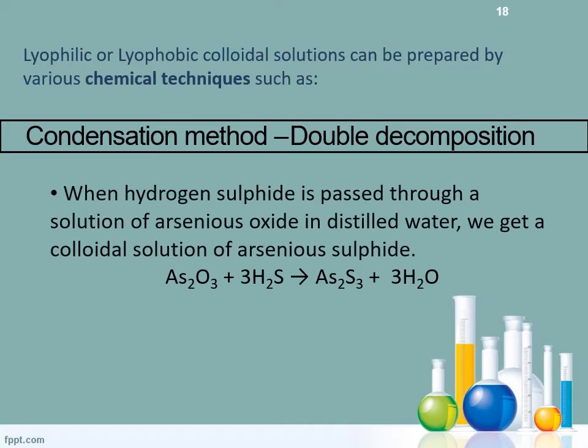Using chemical techniques, we can prepare lyophilic or lyophobic sols. The chemical technique we have here is a condensation method, which is double decomposition. In double decomposition, hydrogen sulfide is passed through a solution of arsenious oxide in distilled water and we get a colloidal solution of arsenious sulfide.